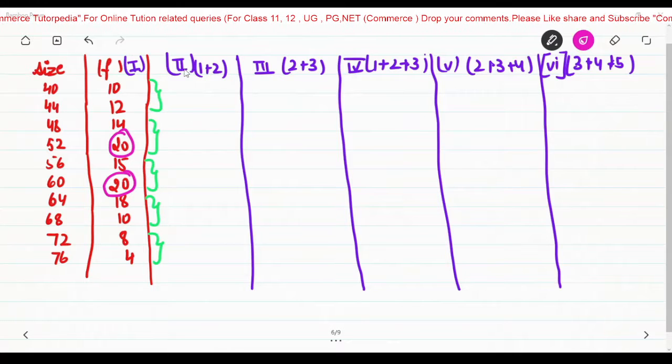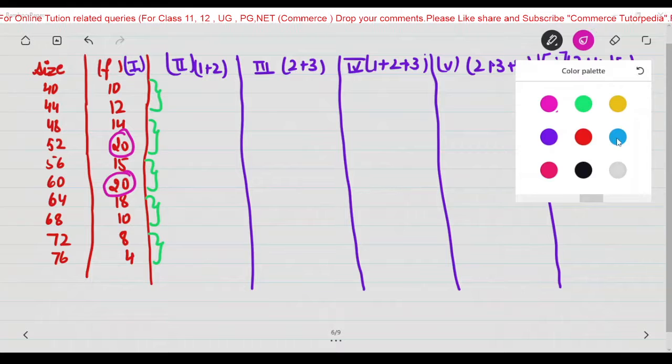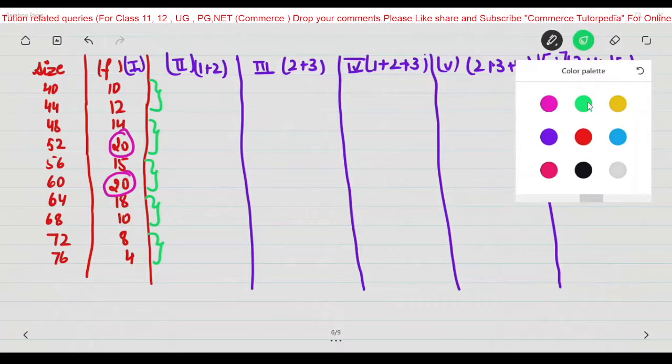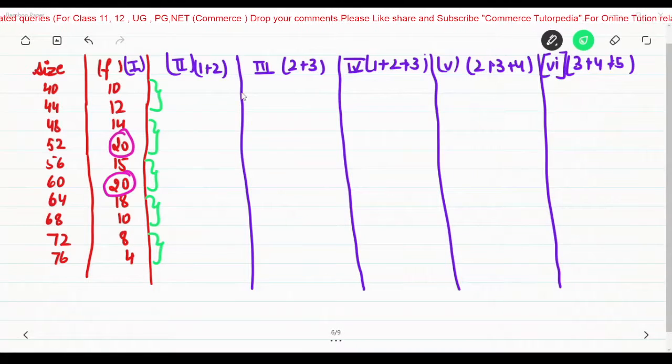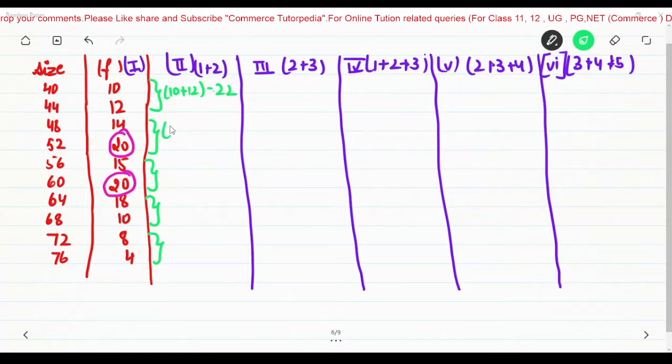Now let us group the first two numbers and see what will be our highest frequency. 10 plus 12 is 22, then 14 plus 20 gives 34.